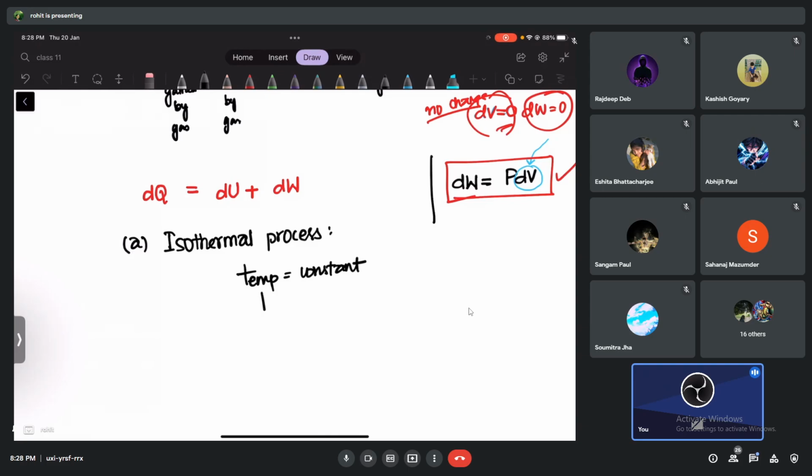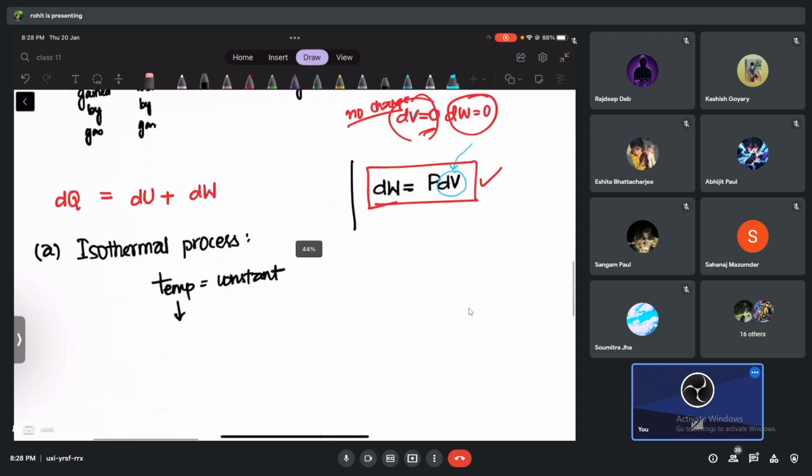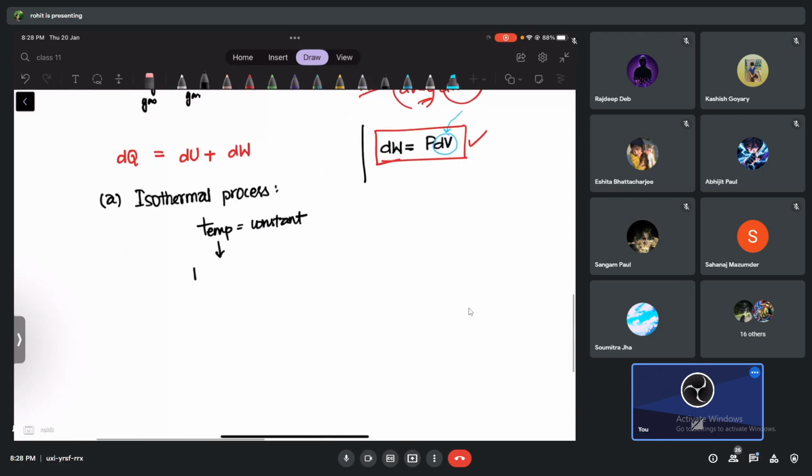If temperature does not change, what will remain constant for this gas? Kinetic energy will also be constant. See, if the temperature doesn't change, the kinetic energy also cannot change, because a gas can move faster only when the temperature changes.